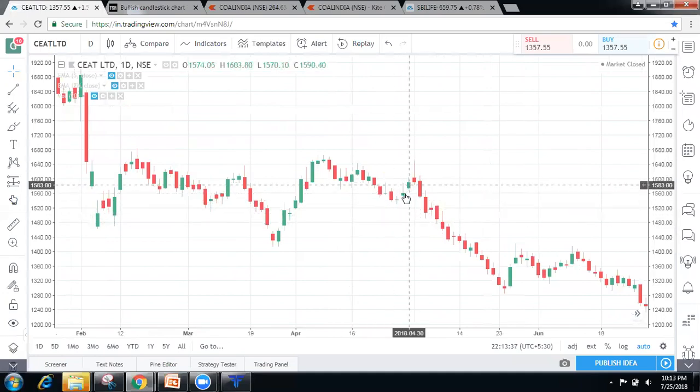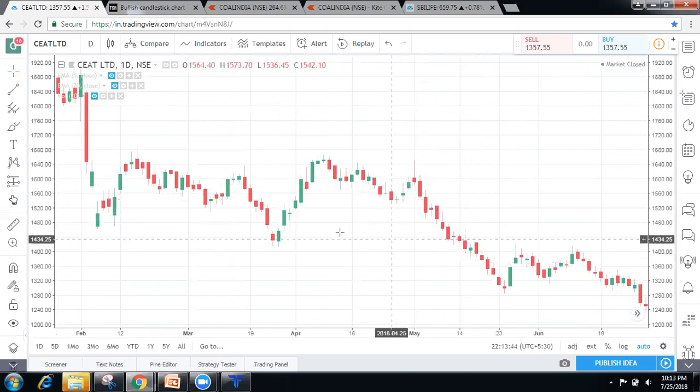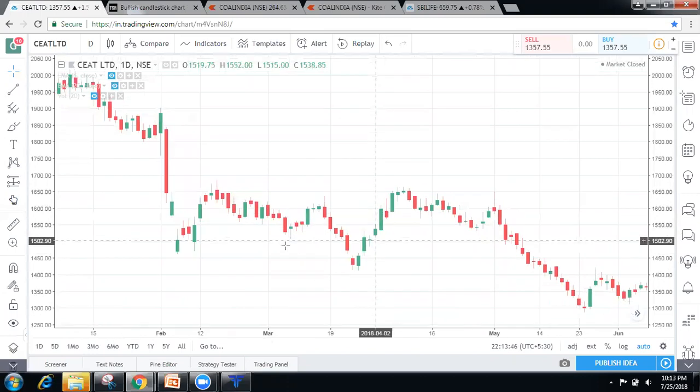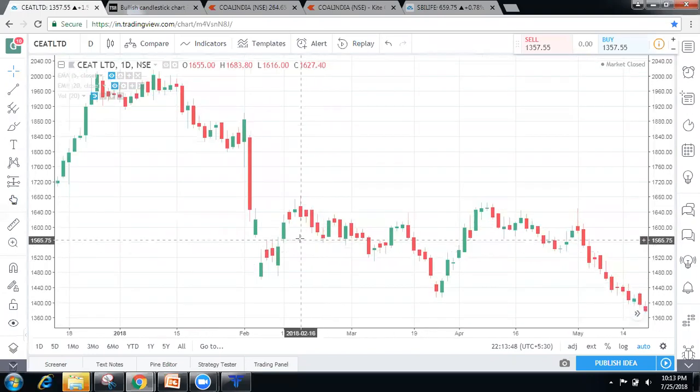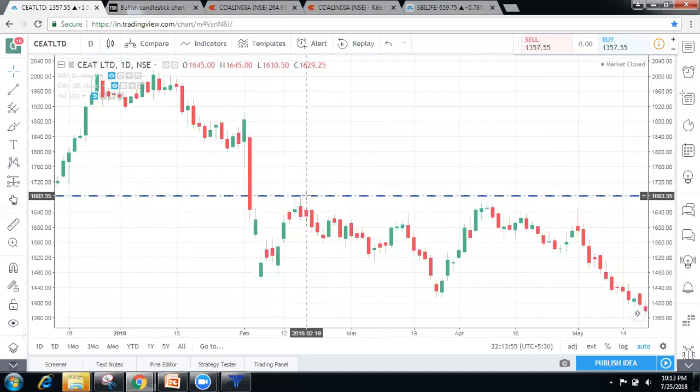Now the stock was rising, a hammer, that is a hanging man, came, and then the stock started falling down. This is a bearish engulfing. This is my stop loss, and from here the stock started falling down.